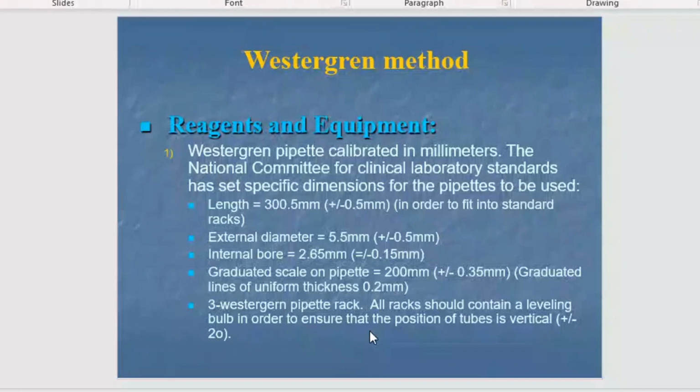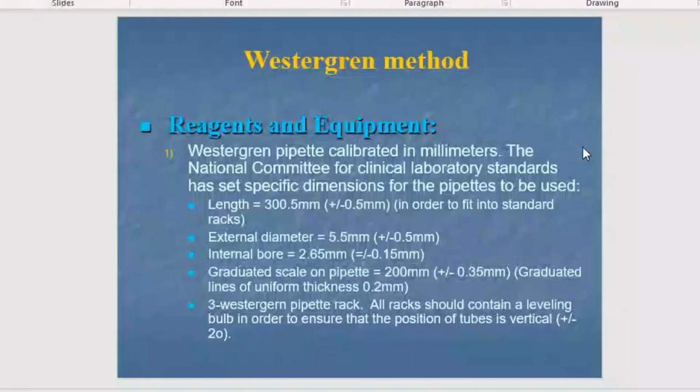the Westergren method. The reagents and equipment here: it requires a Westergren pipette calibrated in milliliters.